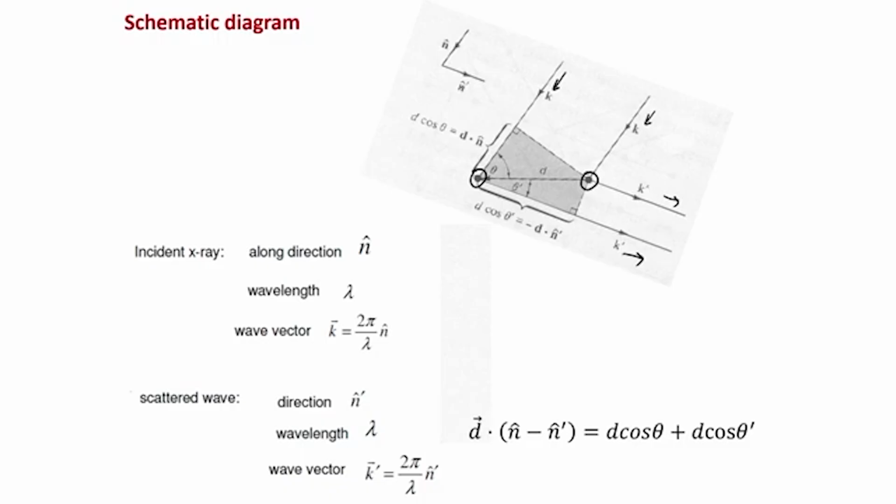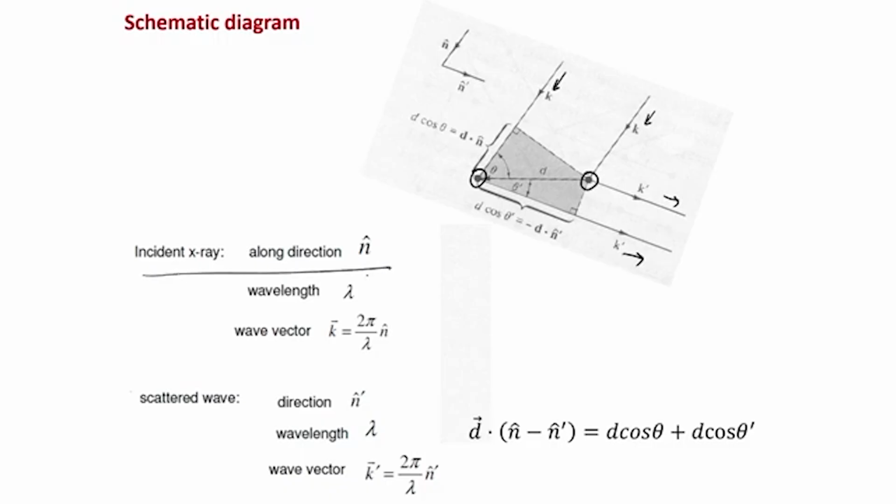The incident X-rays are in the direction of n cap, and the scattered X-rays are in the direction of n cap prime. And this distance, the horizontal distance shown by this underbrace, is d cos theta prime, which is nothing but minus d dot n cap prime. So, that is the n cap prime direction.